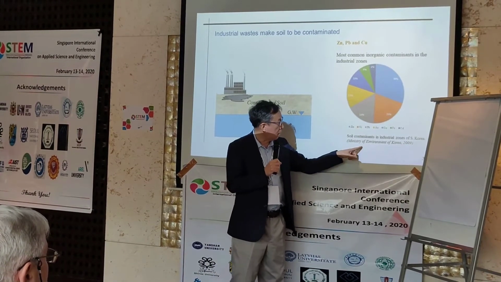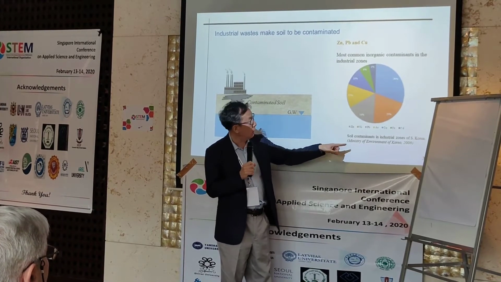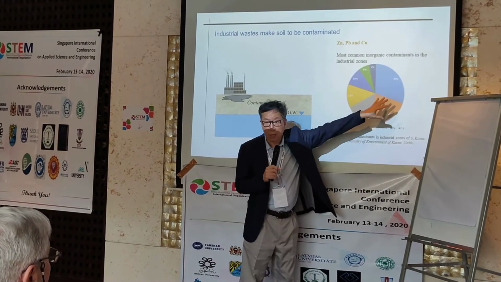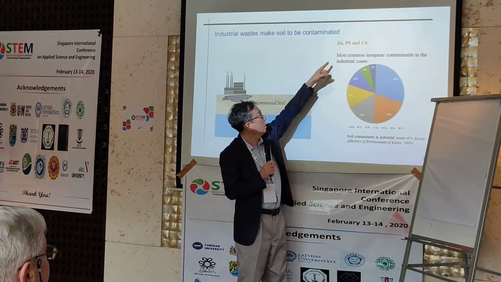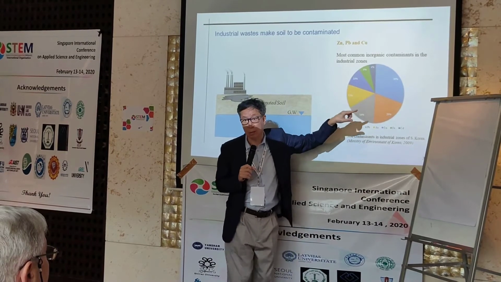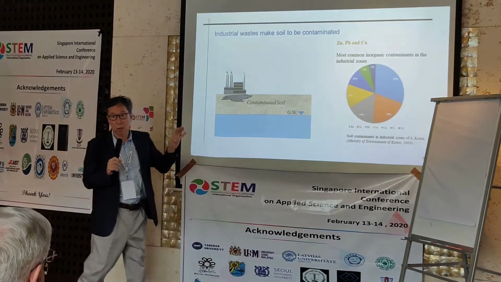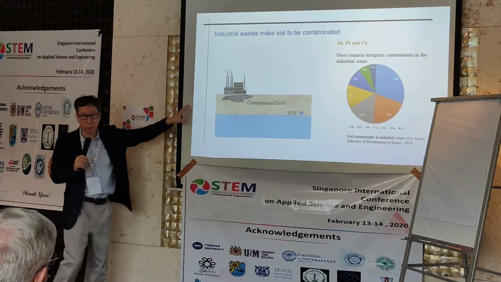In the 2009 data from the Ministry of Environment of Korea, there are all different types of heavy metals. The main ones are zinc, lead, and copper. They are the main parts of the contaminants, and I'm targeting those heavy metals from industrial use.